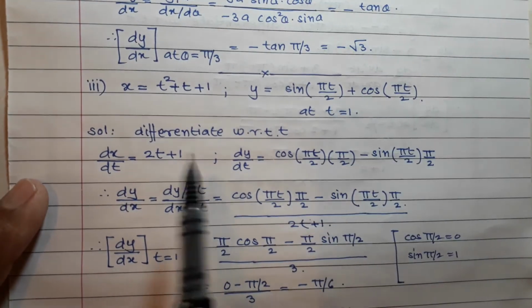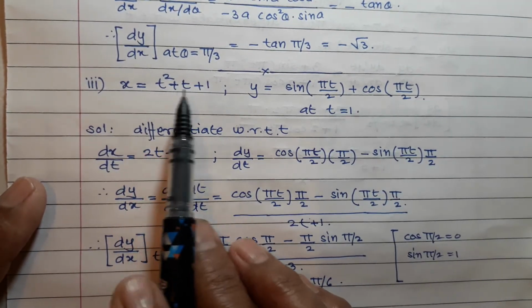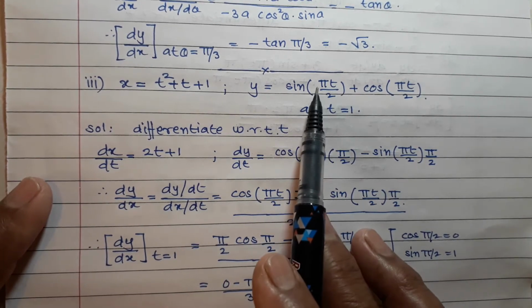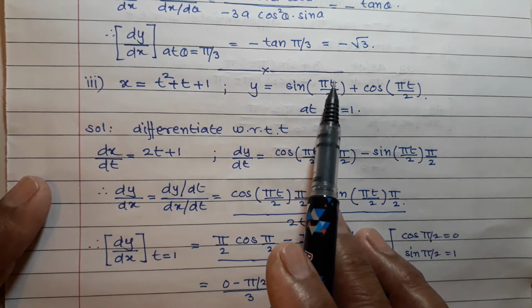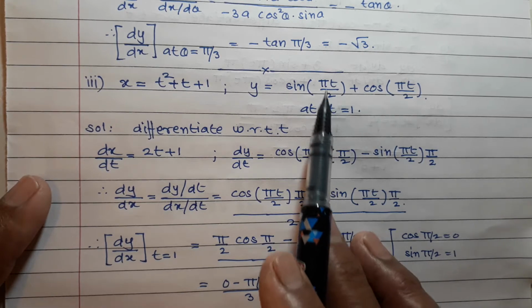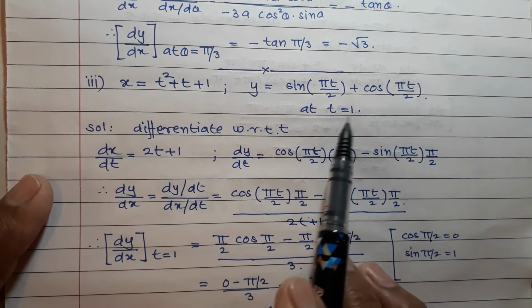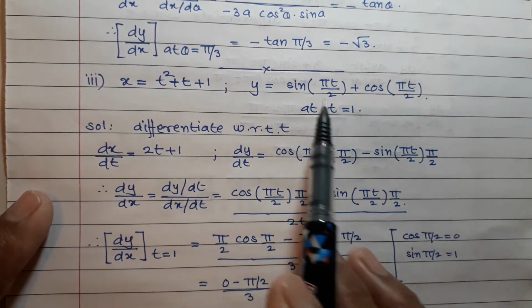Question number 3. x = t² + t + 1, y = sin(πt/2) + cos(πt/2), at t = 1.